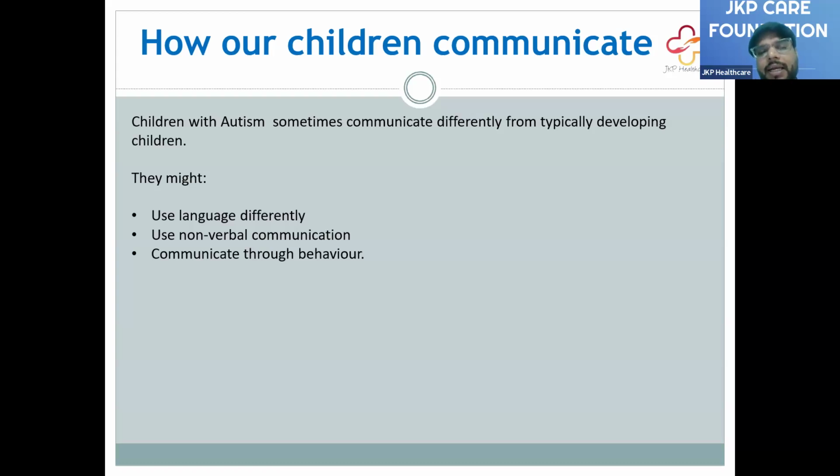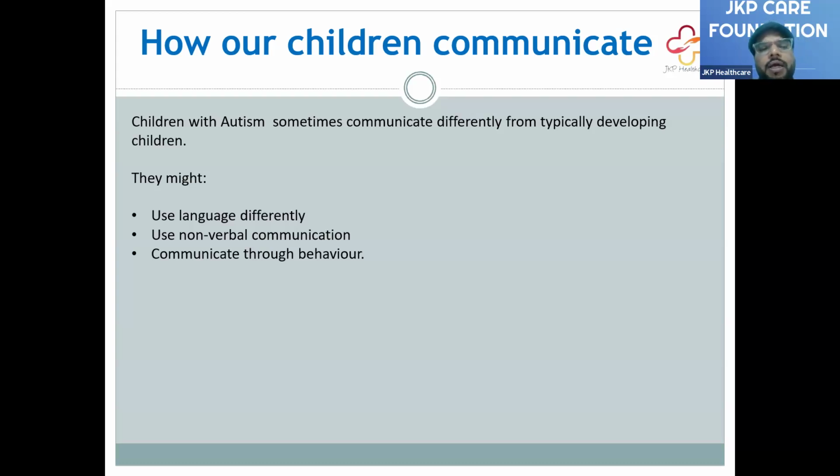Suddenly, he takes the tail and puts it below his legs. That's also a behavioral communication. He's trying to communicate, I'm scared. In the first situation, he's trying to communicate, I'm happy seeing you. So behavioral communication is a universal communication which is used by human beings, by animals, everyone.